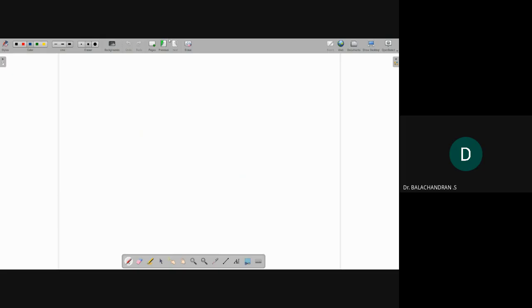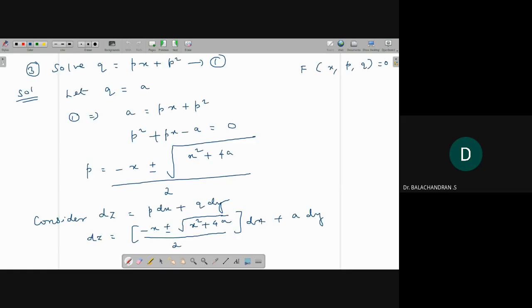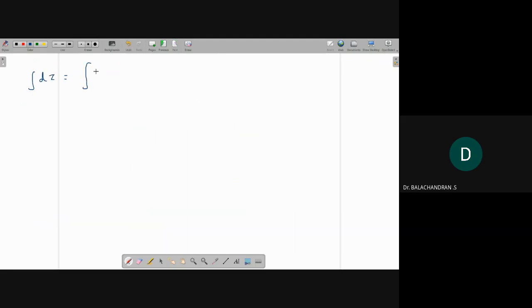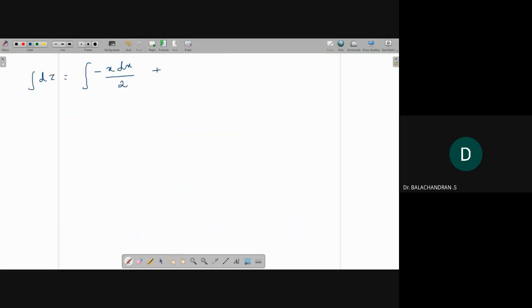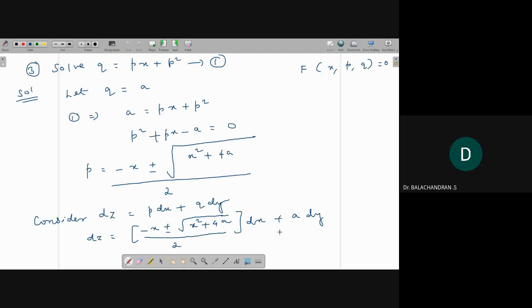Before this, I will split. Integration dz is equal to integration of minus x dx by 2, and then plus or minus 1 by 2 into integration of root of x square plus 4a dx, and then plus a dy.